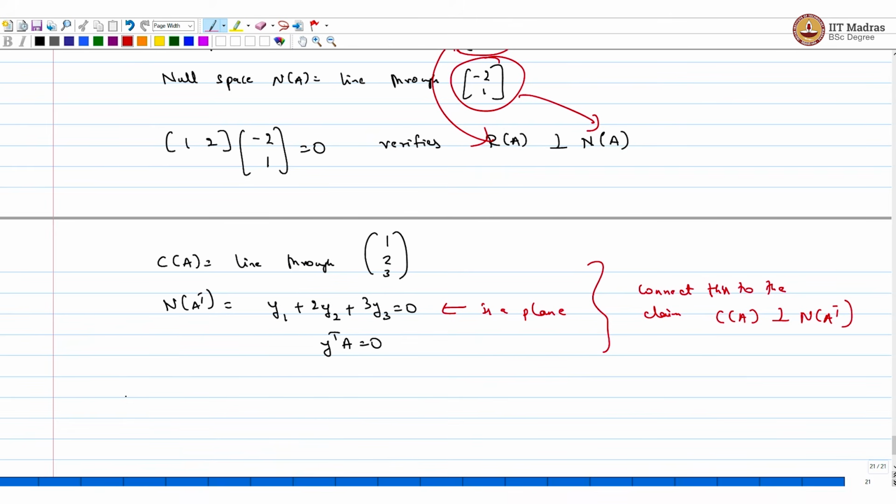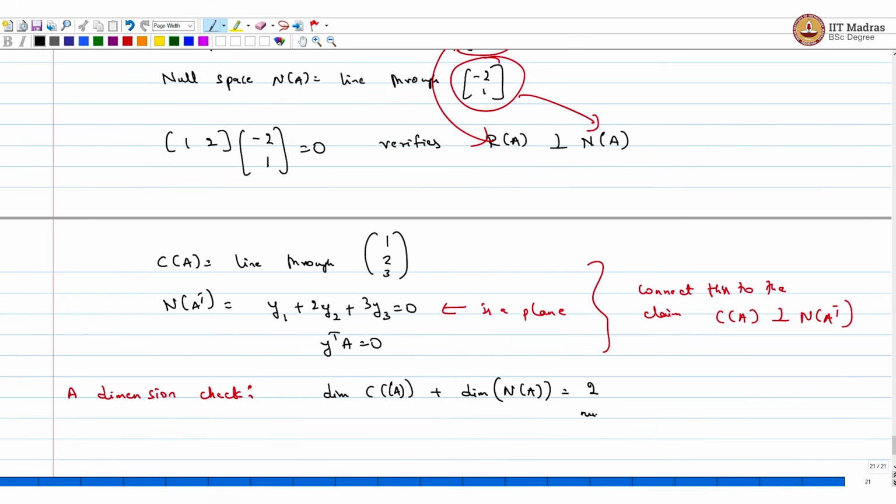Yeah, we could do a dimension check. Dimension of the column space of A transpose plus dimension of the null space of A should be 2, which is the number of columns.